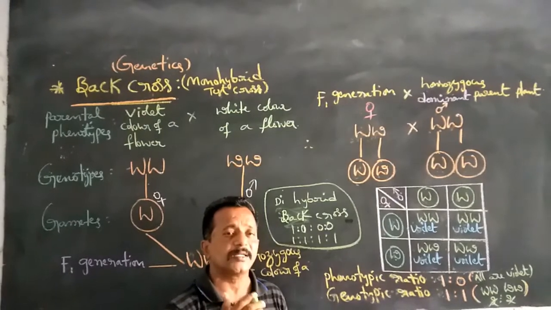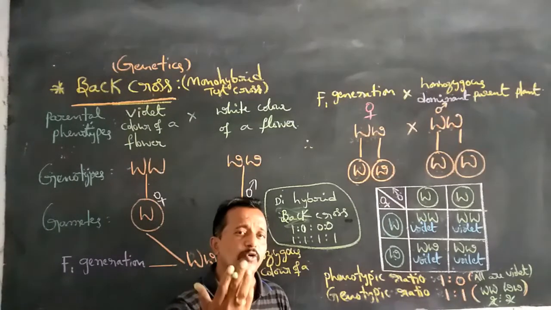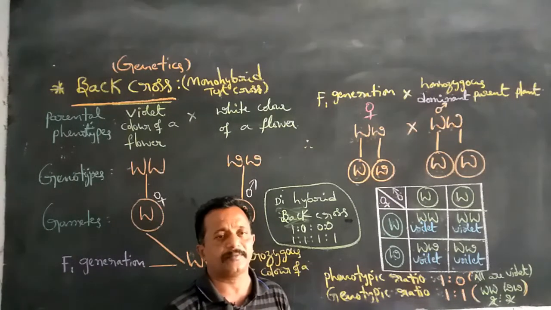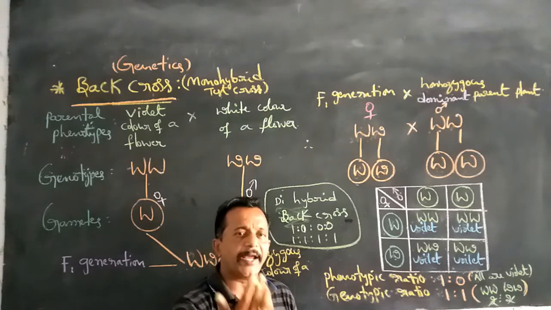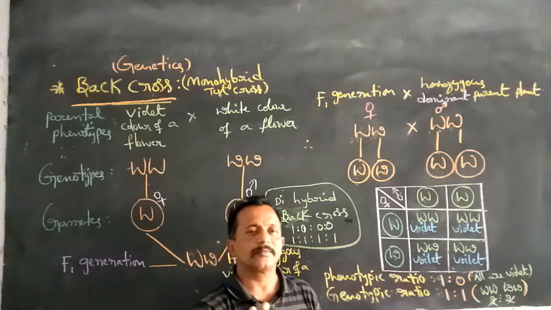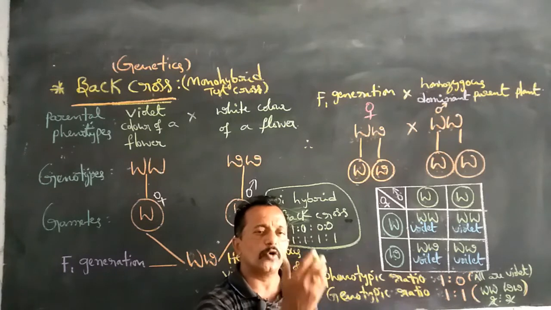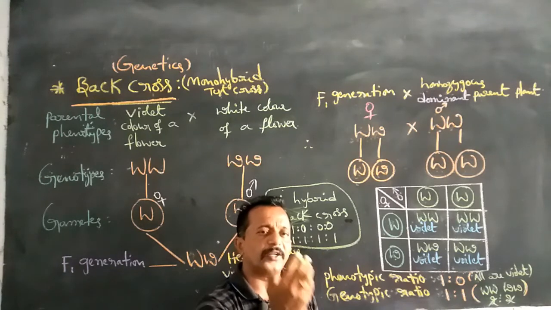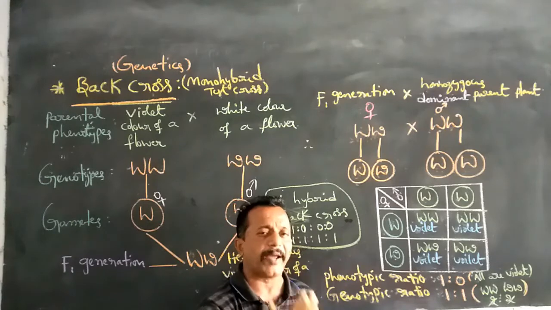Why? Because round yellow seeds are from the homozygous dominant parent plant. In a dihybrid back cross, one is a homozygous dominant parent plant, another is a homozygous recessive parent plant.